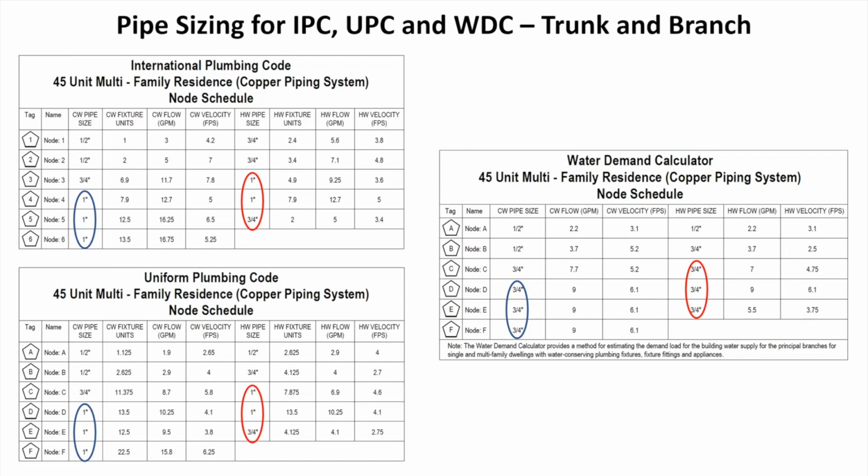The water demand calculator for cold water entering the apartment is 3/4 inch, again because each has different perceptions on the flow rate at peak, based on the method of arriving at the answer for flow rate. And then the hot water pipe sizes are about 3/4 or 1 inch in the apartment for the IPC and the UPC. But in the water demand calculator method, the maximum size is 3/4 inch. Next slide, please.